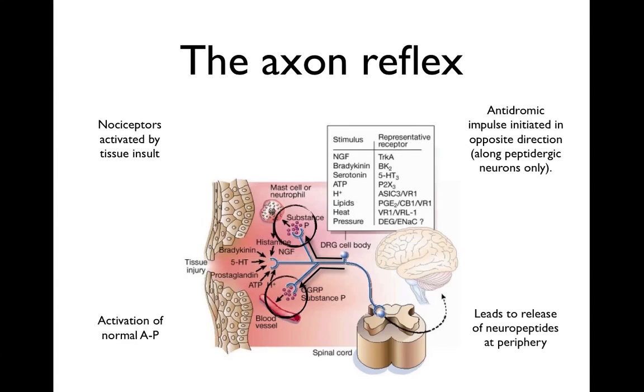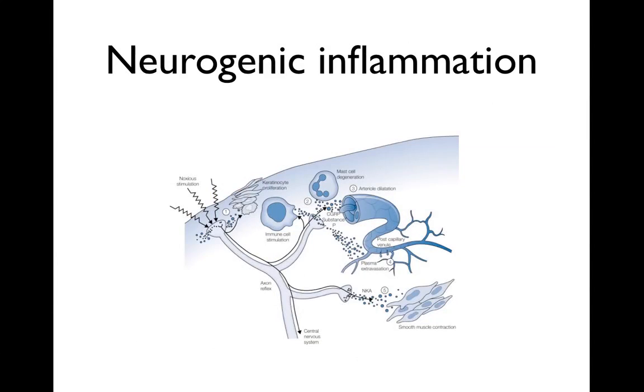We talked about the peptidergic versus non-peptidergic. So this is that percentage of C-fibres and A-delta fibres that have neuropeptides as a neurotransmitter. So these can have this antidromic impulse, which we call the axon reflex, and that will release these neuropeptides into the periphery. Okay, this leads to what we call neurogenic inflammation, so inflammation caused purely by the nerve cells.